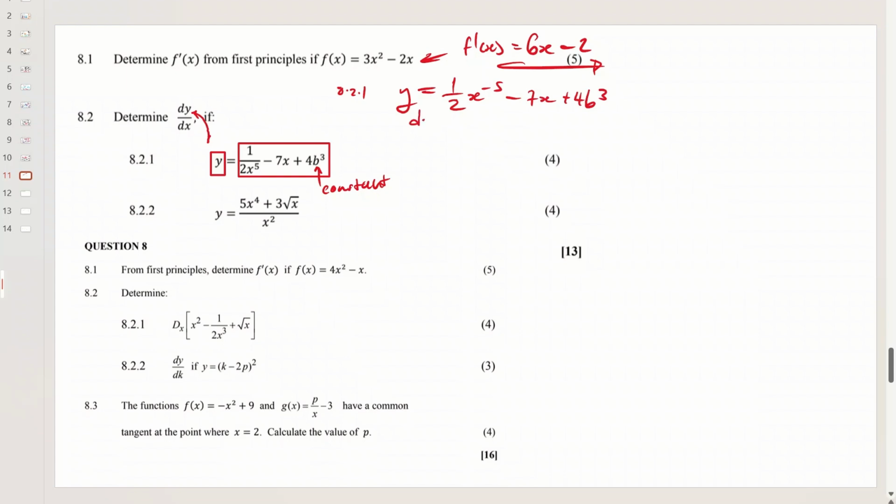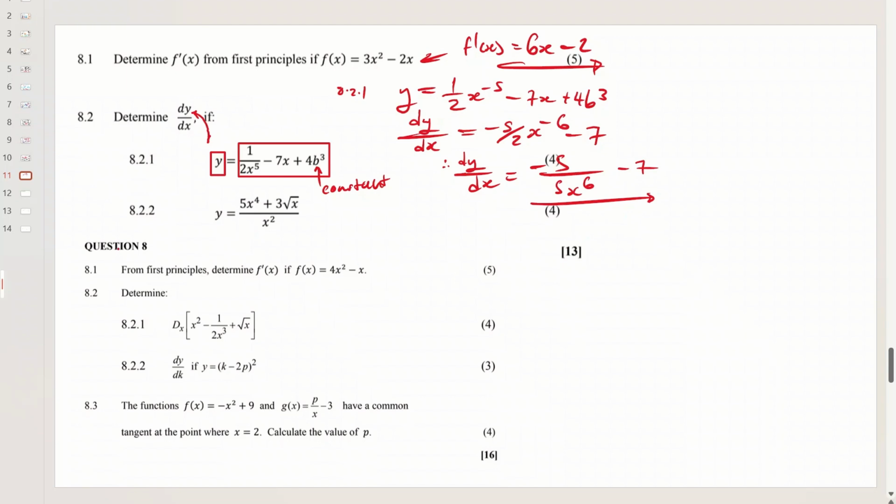Now taking the derivative of y with respect to x, we treat the other terms, not x, as constants. So you'll have negative 5 all over 2x to the negative 6. You'll have minus 1, you'll have negative 6, then here you'll have negative 7. This eventually becomes a constant. Therefore, the derivative of y with respect to x is just negative 5 over 2x to the power of minus 6, and 4b into 3x to the power of minus 7.